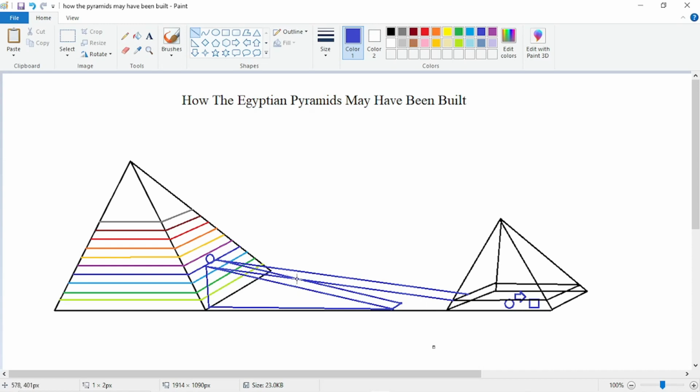You wouldn't need to add any to this, and like I said before, this would be covered in kind of like a road of limestone coming down, so that when the stones rolled, they wouldn't just fall into the sand. They'd be actually rolling on hard limestone.